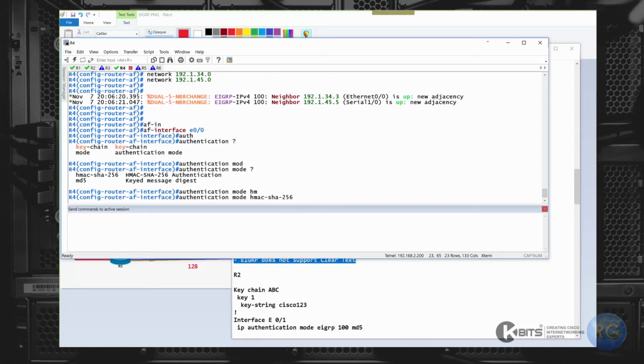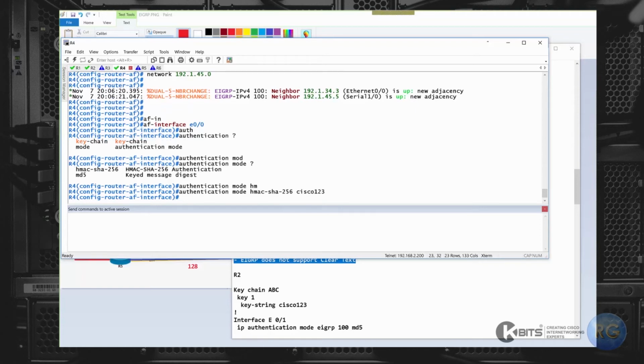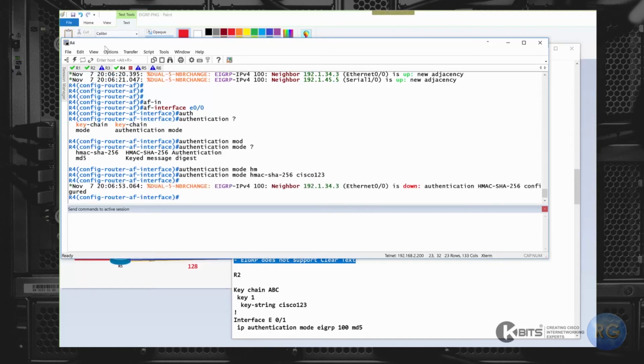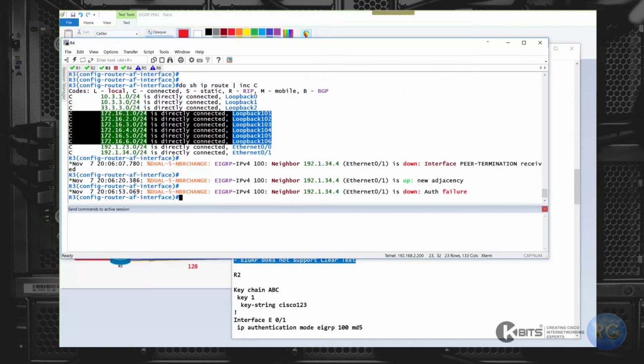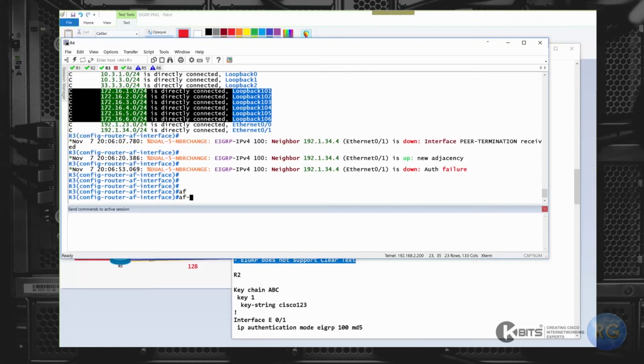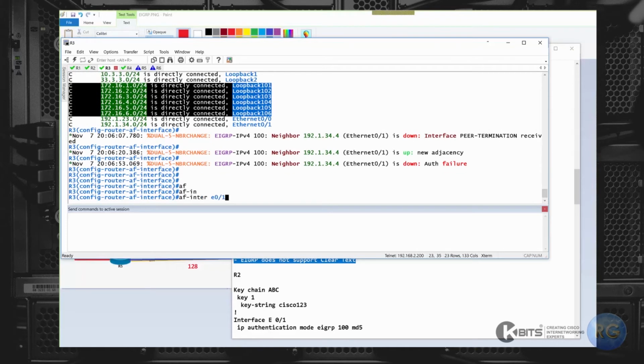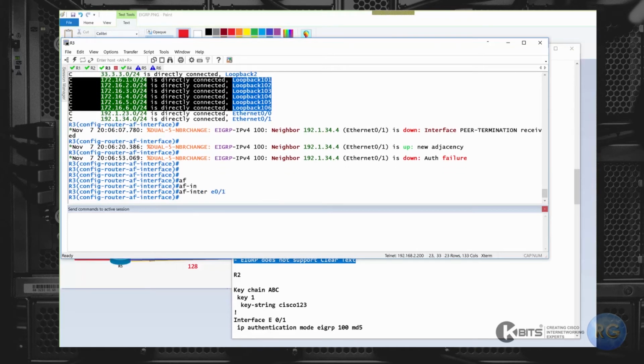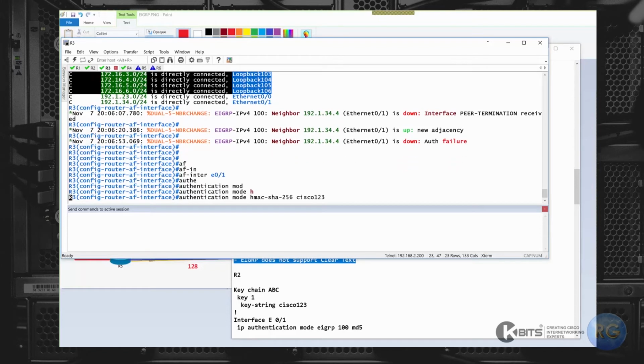Do I use a keychain? No, I put the password directly over here. Now the authentication is down because the other guy is not doing it. Let's do it over here. AF-interface E0/1, the interface towards R3, authentication mode, HMAC, Cisco 123.